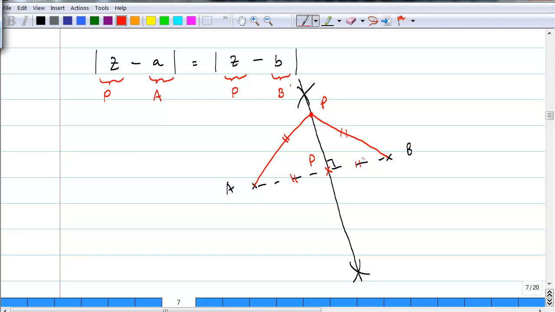This is obvious to you because this is indeed the bisector. How about if I were to choose a point here? Again, we realize that these 2 distances are the same. So indeed, this equation that you see here is actually the perpendicular bisector of the line segment joining A and B. So this is one other locus after the circle that you are going to learn about.